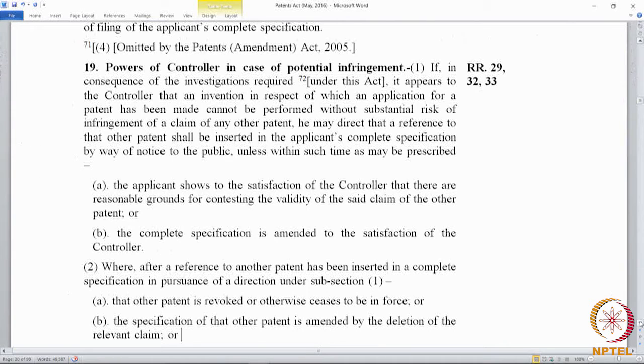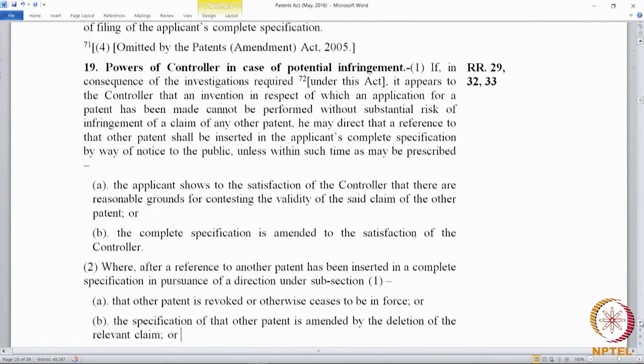The Patent Office is not the authority to determine infringement, because once a patent is granted, if there is infringement, the patentee will file an infringement suit under section 104, claiming reliefs under 108. So, infringement is determined by the court, but the potential infringement mentioned here is with regard to the application that is pending before the controller.